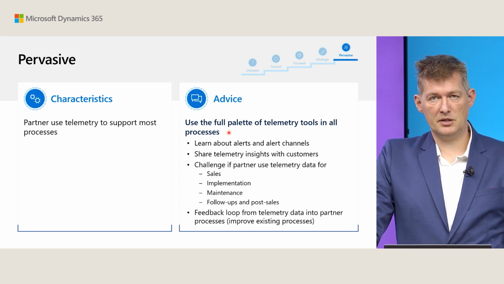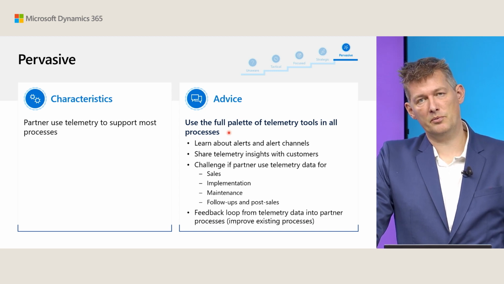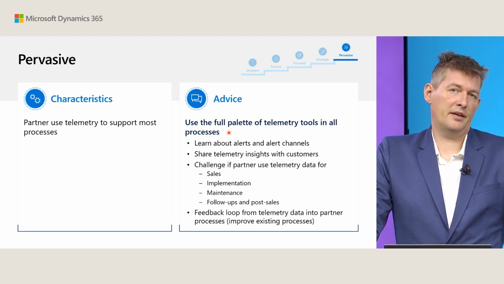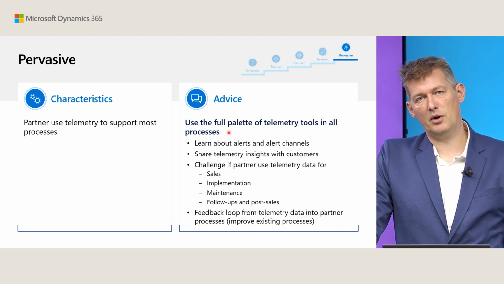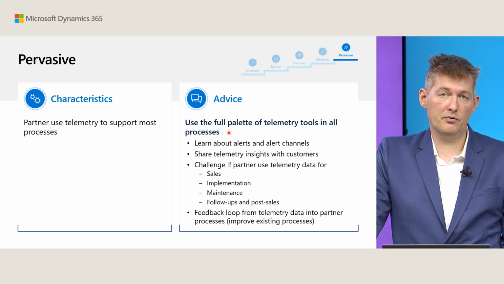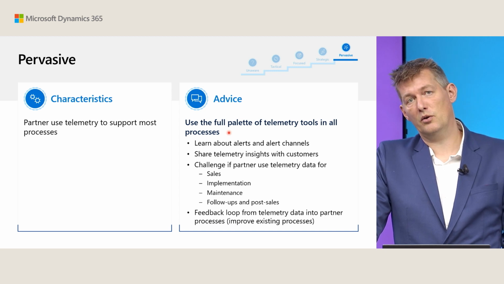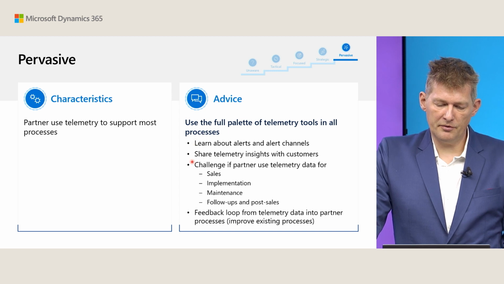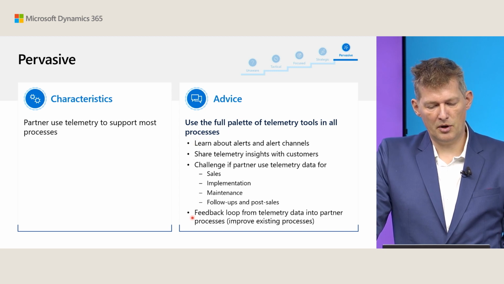Some partners share the usage report directly with the project sponsor or the IT manager for the customer, and they can use data instead of progress reports on how it is going. That could be for go live, after go live, or even as a follow-up tool. So there are a number of different things that you want to do.